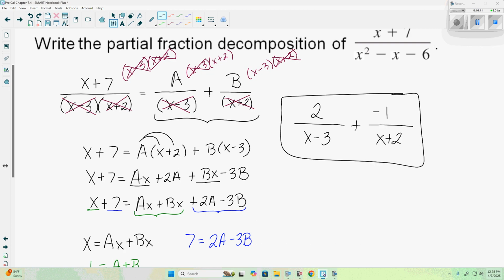Now there are a good number of steps involved, but the overall math of what we're doing, there's not a lot to it. It's just a big old puzzle. Because we're trying to find out what a and b are, what those values are, and plug them back in. And we're done. Questions on this here?